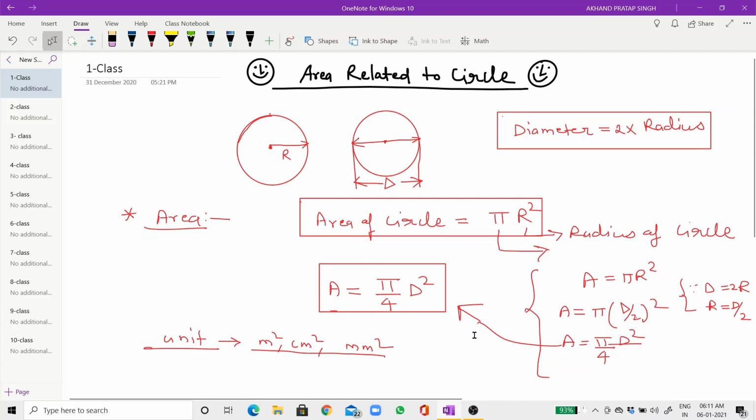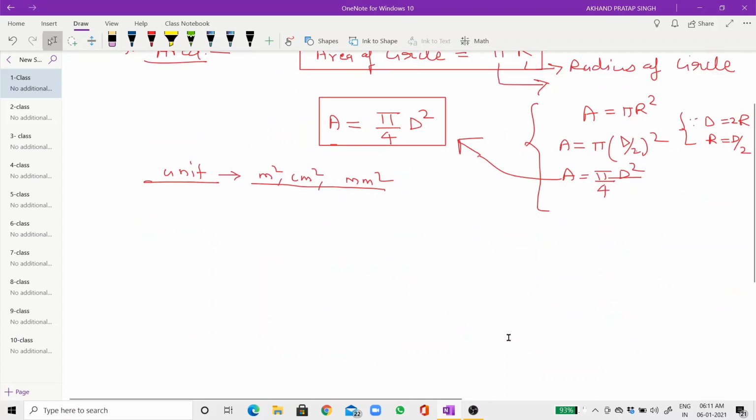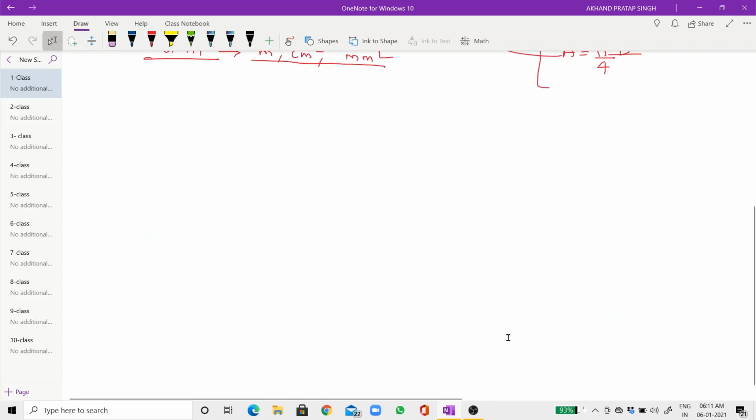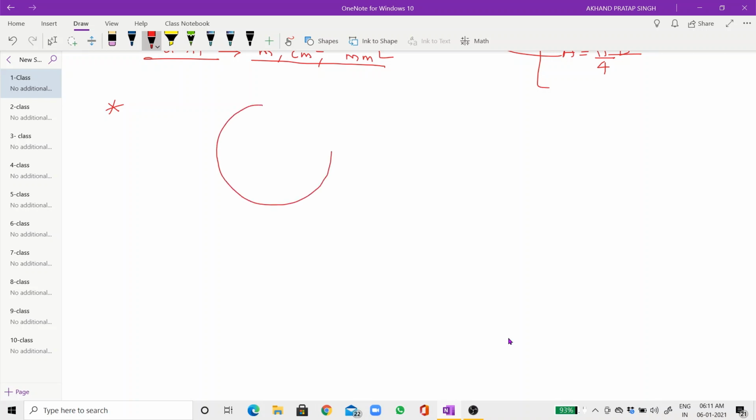Now suppose the circles are concentric. Suppose that is one circle and this is another circle, and this is the center. So the inner circle has radius r1 and the outer circle has radius r2.